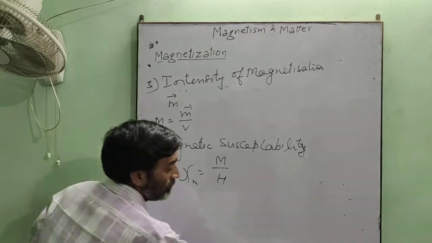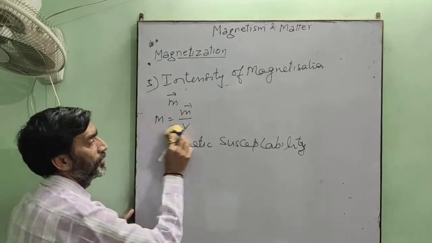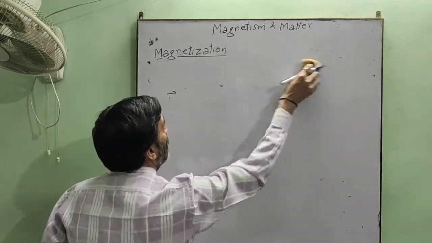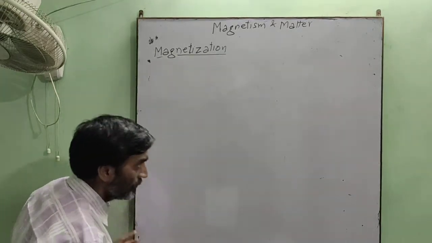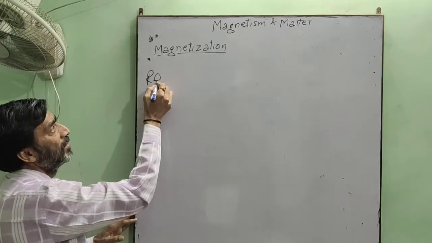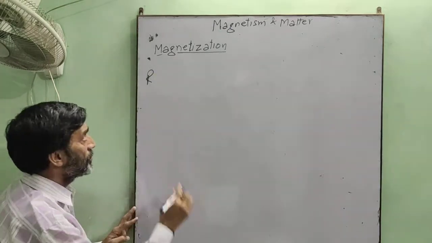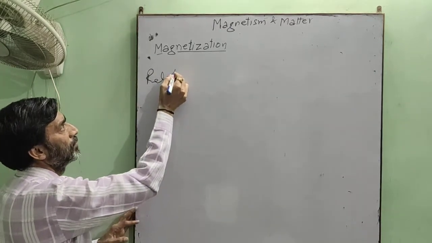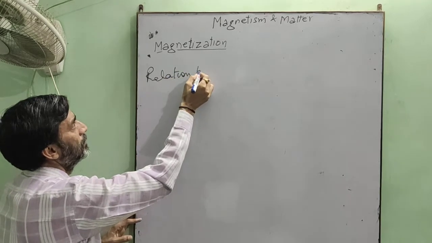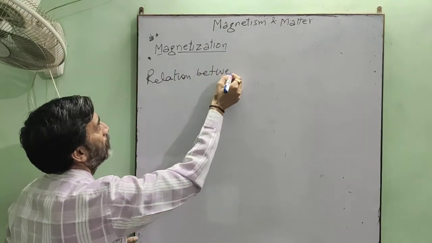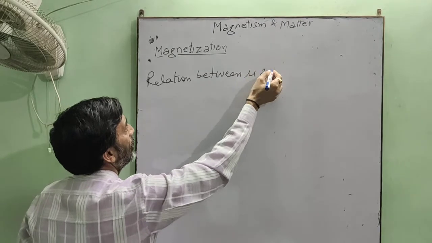Now, the next point, I have to derive a relation between permeability and susceptibility.